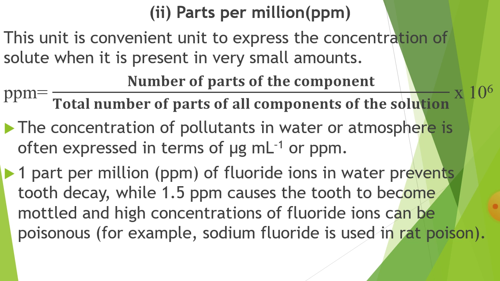The second part, in concentration units, is parts per million, that is known as ppm. This unit is a convenient unit to express the concentration of solute when it is present in very small amount or trace.